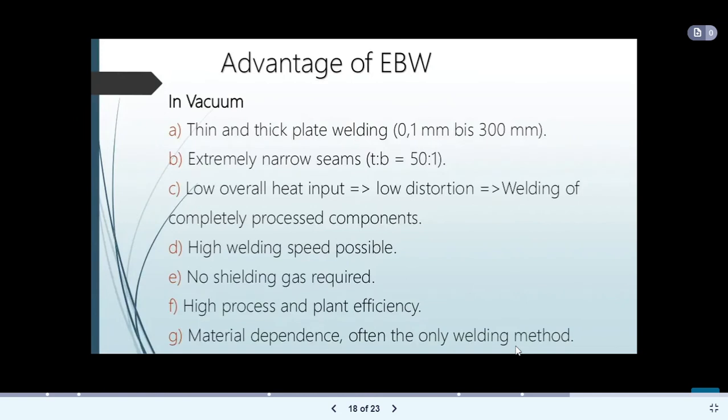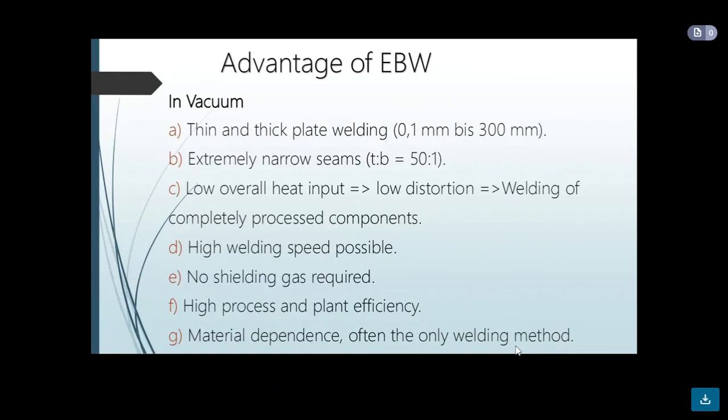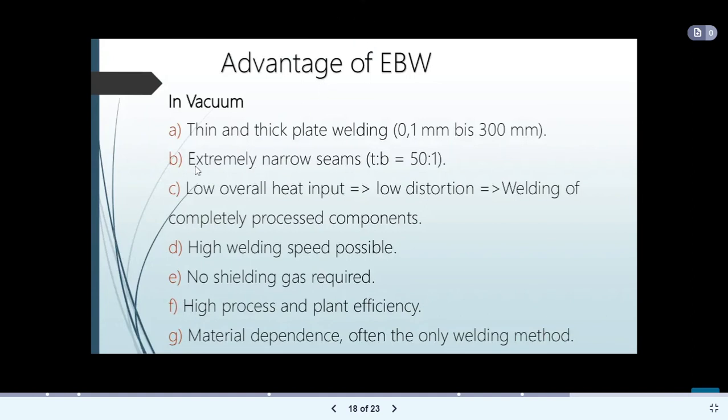So what are the advantages of electron beam welding? Here are some advantages mentioned below. Thin and thick plates can be welded. Plate thickness from 0.1 millimeter to 300 mm can be welded by electron beam welding.